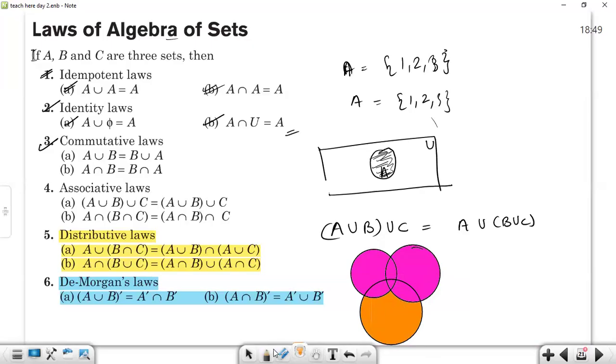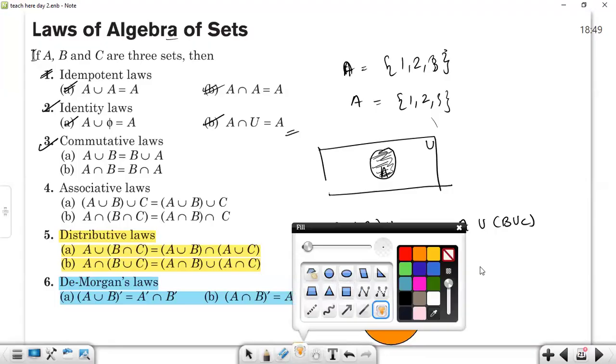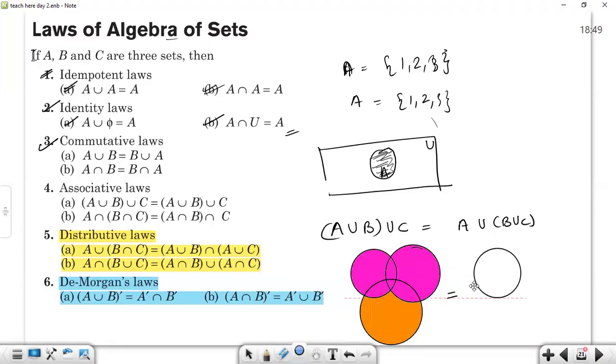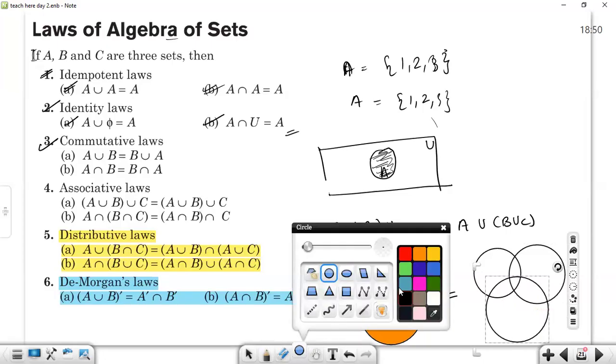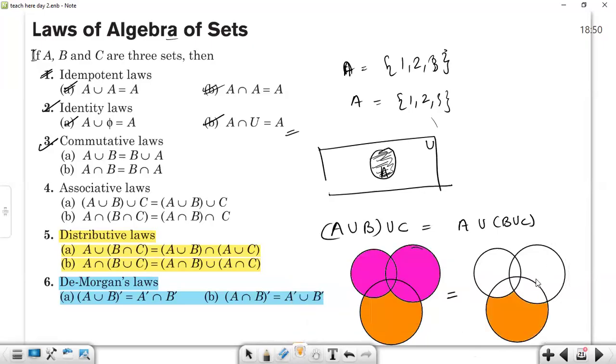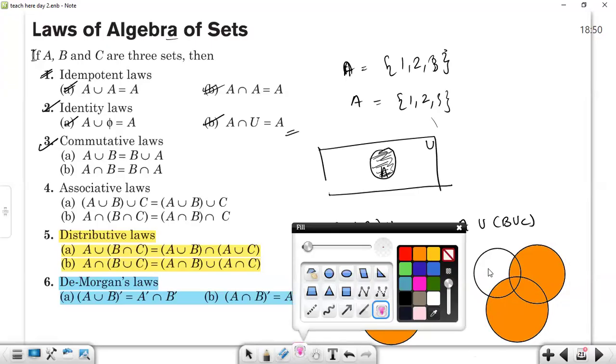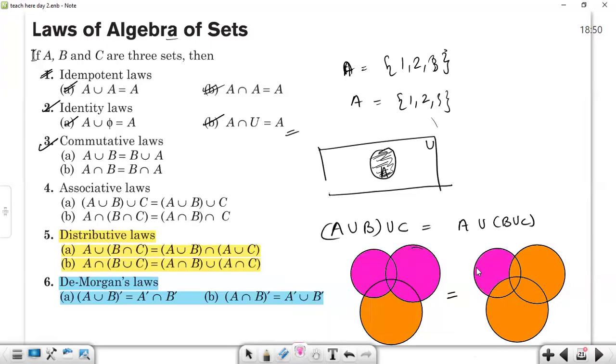So this is set C. It is similar to saying that A is getting unified with set B and set C, where B and C are unified in the beginning, and set A is now getting unified with the remaining. So both are similar, right?